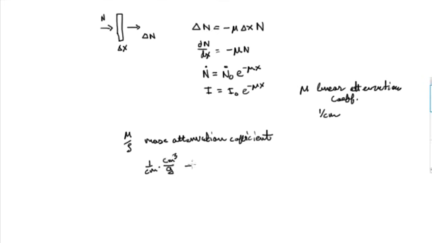So in these units, the value is centimeters squared per gram. If you look up mu over rho, you can immediately get mu, because mu is just the mass attenuation coefficient that you look up times the density of the material. And once you know mu, you can calculate the attenuation according to this formula.